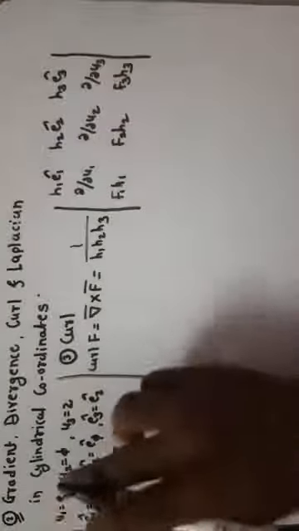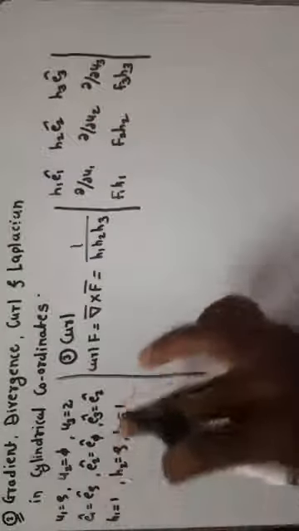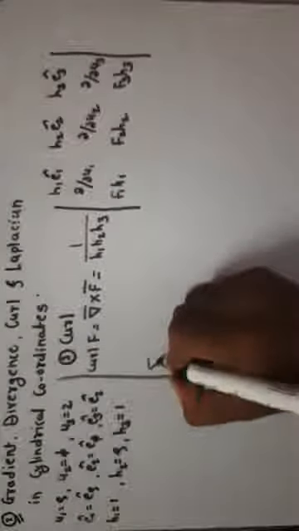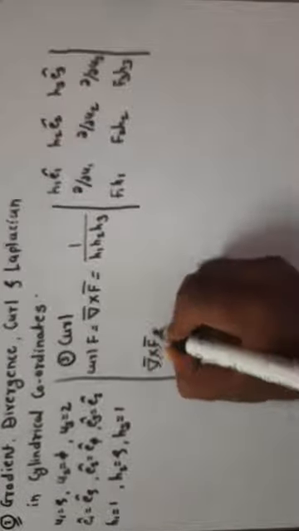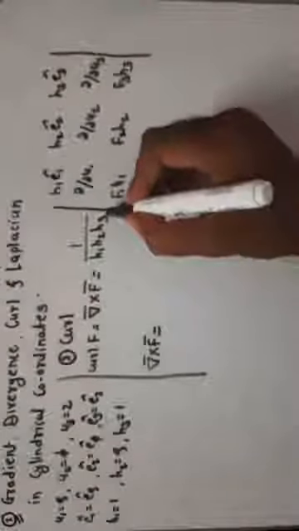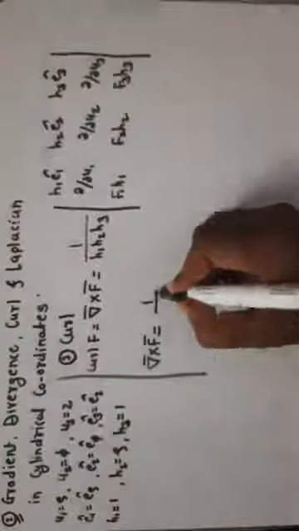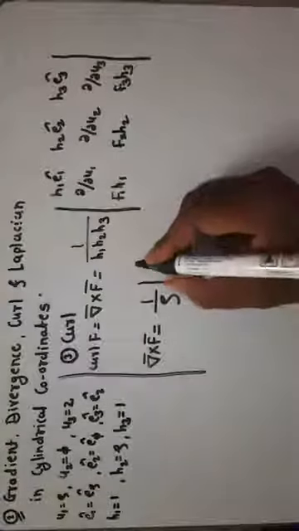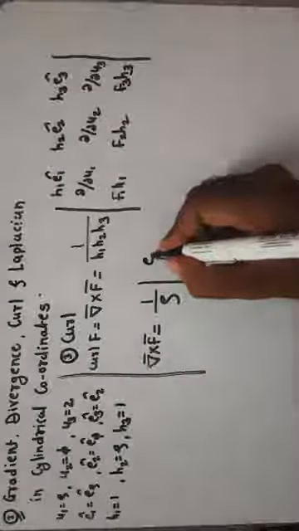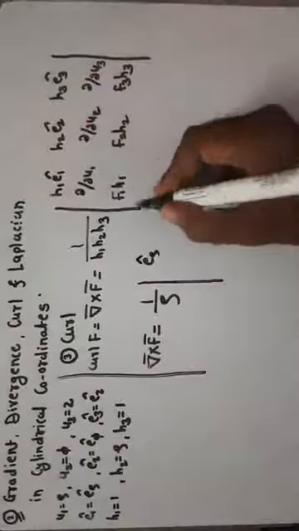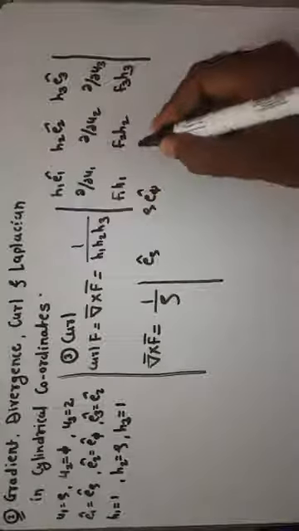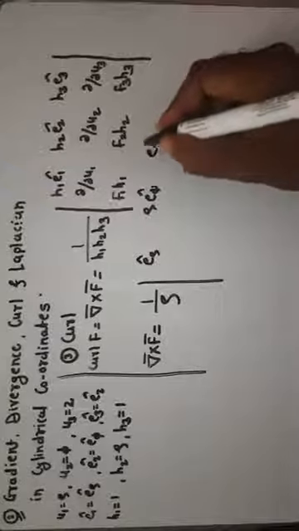Then in that determinant form, we substitute the special orthogonal coordinates. Curl of F bar is equal to 1 upon h1 h2 h3, which is just rho. Here h1 means 1, e1 means e rho cap, h2 means rho, e phi cap, h3 means 1, e z cap.